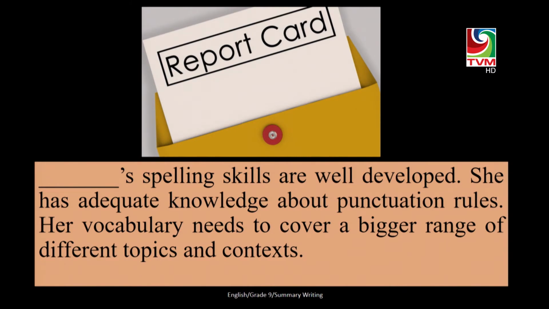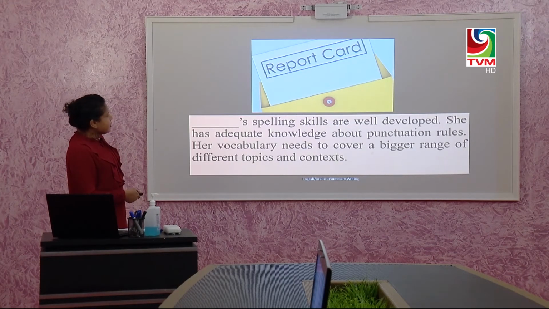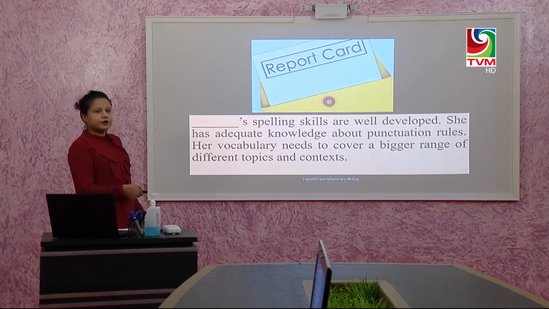So your teacher has commented on your writing skills, spelling, punctuation, and vocabulary. Spelling skills are well developed, adequate knowledge about punctuation rules, and vocabulary needs to be improved. So normally you would show your report card to your parents, but you cannot do that today since it's with me.